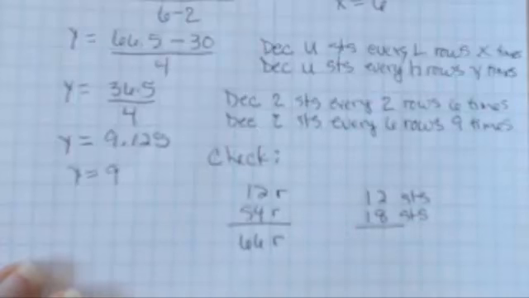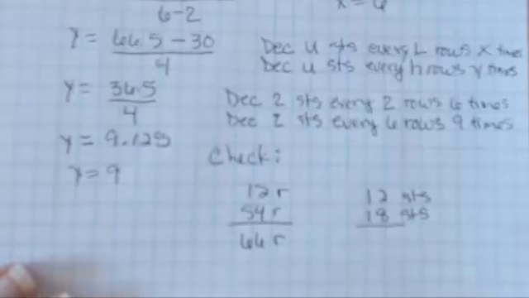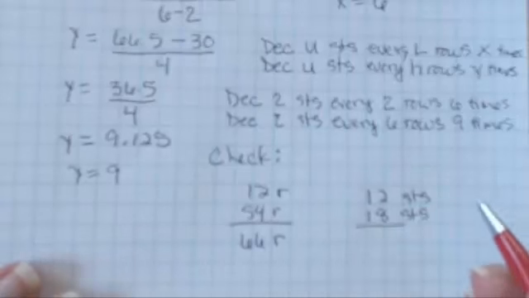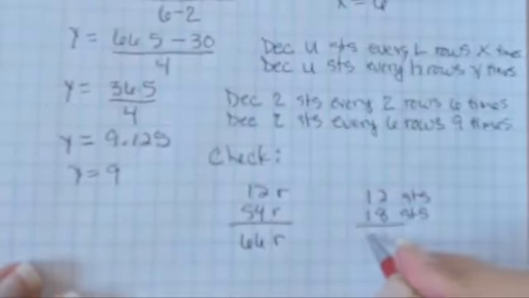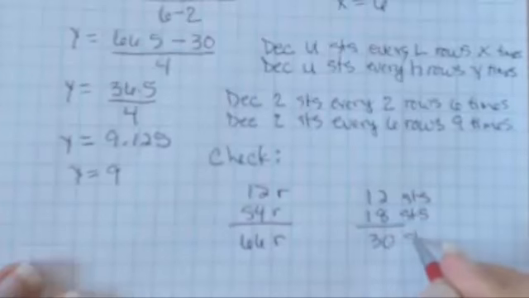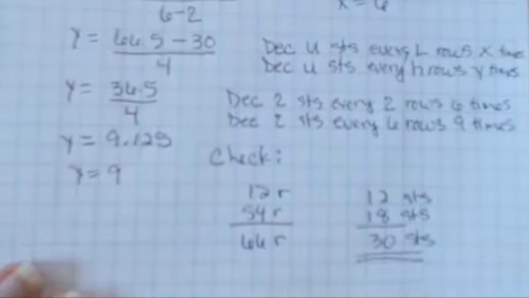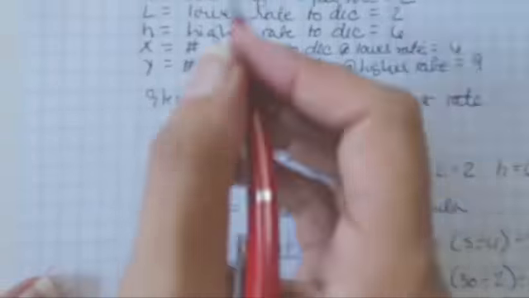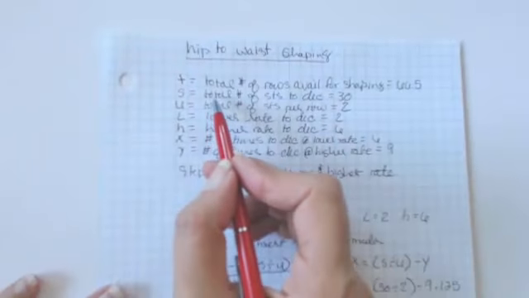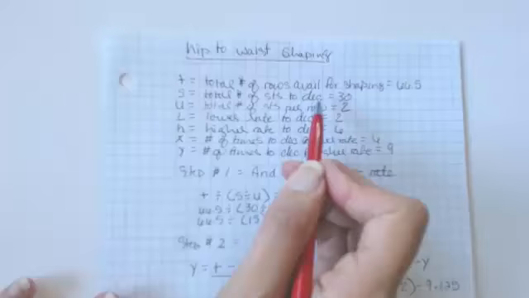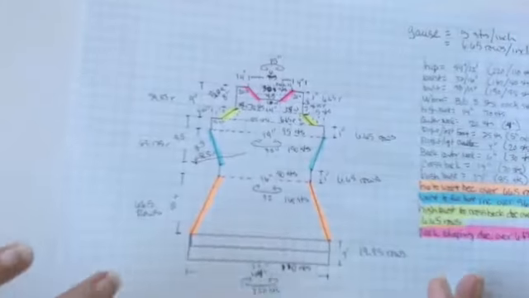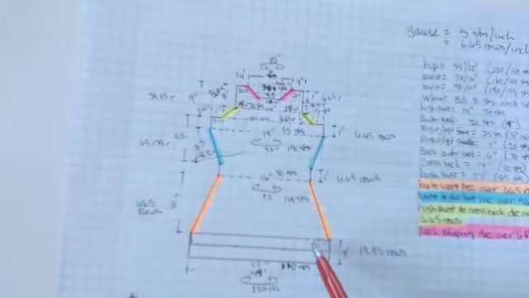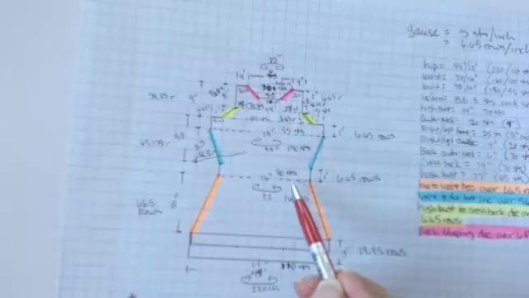Sometimes there'll be instances where you might have to fudge things for 1 stitch. And I have an example for that, but you'll see what I mean when we get to it. So 12 plus 18 is indeed 30 stitches, and 30 stitches is what S, the total number of stitches we need to get rid of to get from 110 to 80.